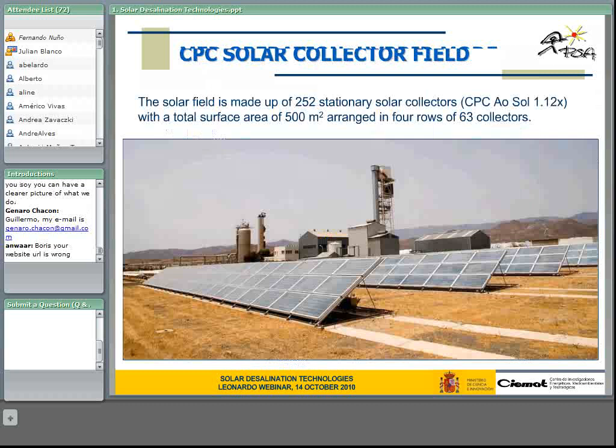Okay, this is the solar collector field. In this case, it is about 500 square meters of solar collector. These 500 square meters produce a nominal of about 250 kilowatts, considering 50% efficiency. As the MED plant consumes about 150, this means that another 100 kilowatts or so are moved to the thermal storage system.